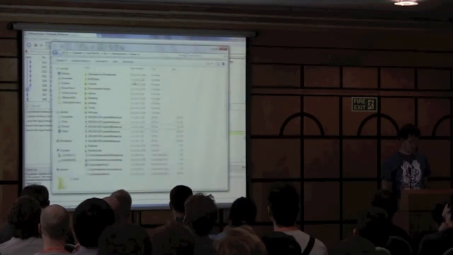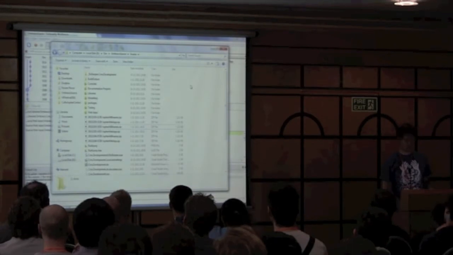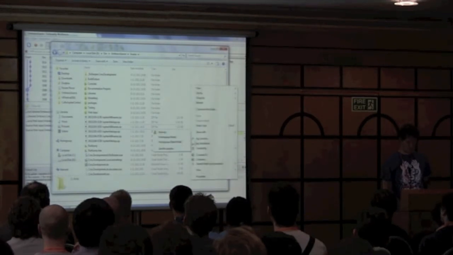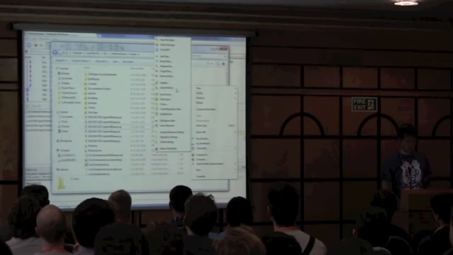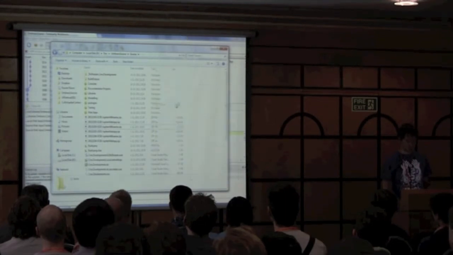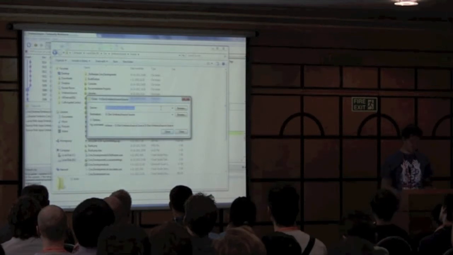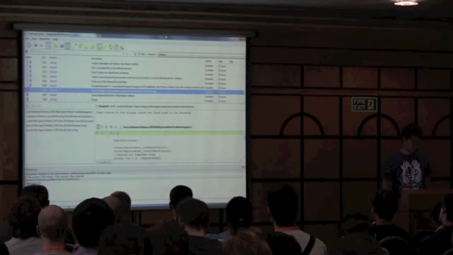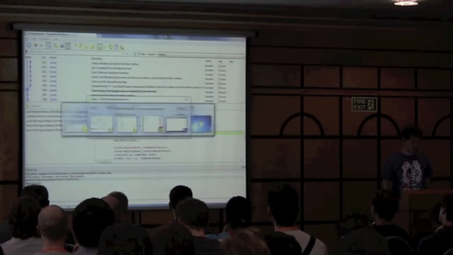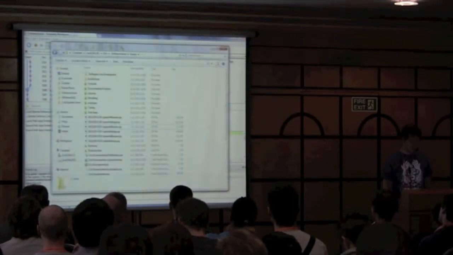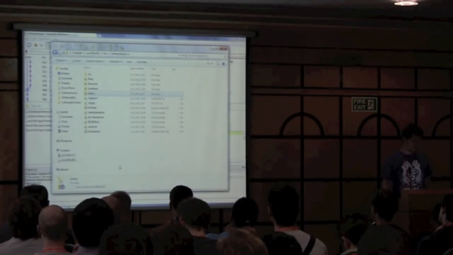CodePlex gives you a URL when you go there. If you've got TortoiseHg installed, you do a clone. You just enter the URL of the Umbraco repository and the destination folder where you put the files, and you get something like this. So the whole structure.